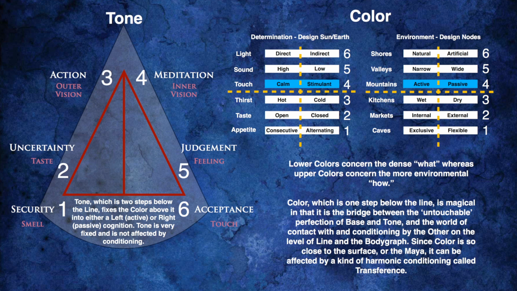But the fact that he had a left fixed fourth color determination, he had to keep things very calm. And within that calmness, he could sample the different ways of being. He could sort of see what it would be like to be this person or that person. And that's why he was able to discuss so well these different ways of being.